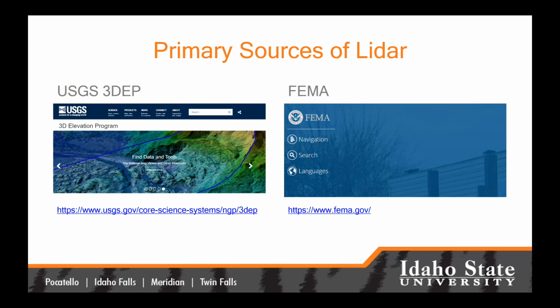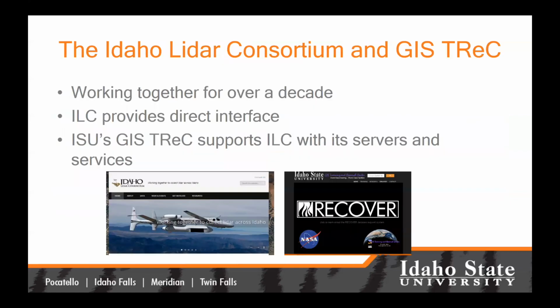Now, FEMA is the organization that is sponsoring a very large collection of LiDAR data pretty much across all of southern Idaho right now. A lot of that data has been collected, a lot more of that data is being collected, being processed, and ultimately will be sent to both the Idaho Lidar Consortium and the GIS Center at Idaho State University.